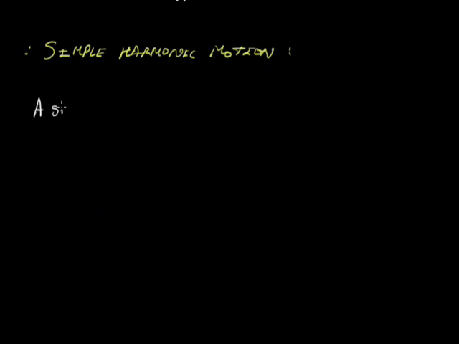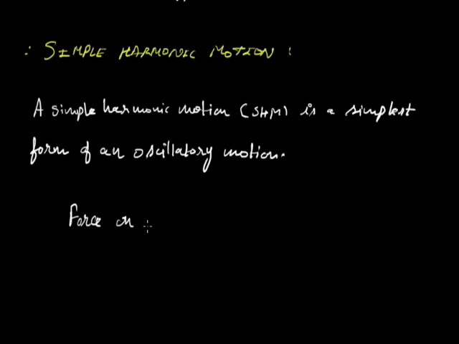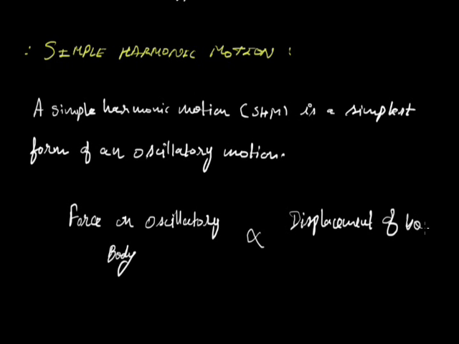A simple harmonic motion, SHM, is the simplest form of an oscillatory motion in which the force on the oscillatory body is directly proportional to the displacement of the body with respect to its mean position.